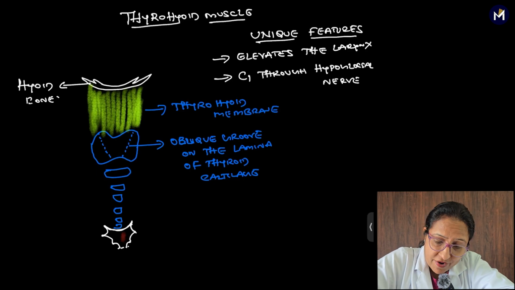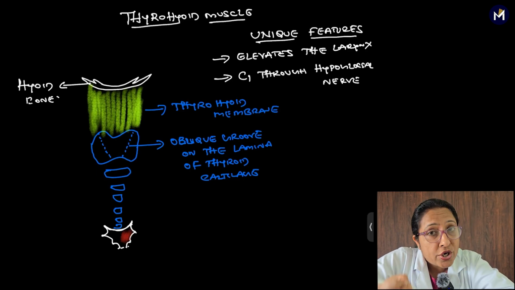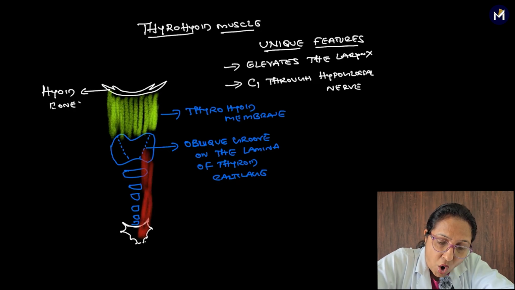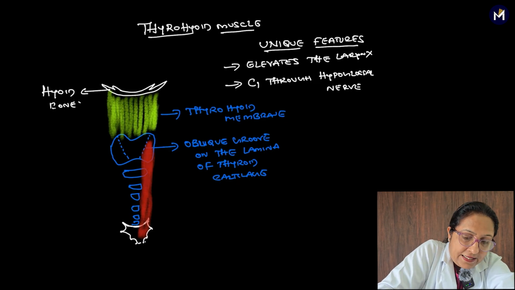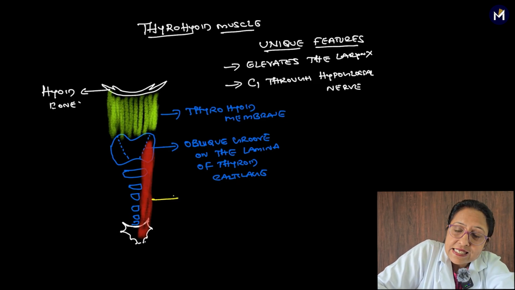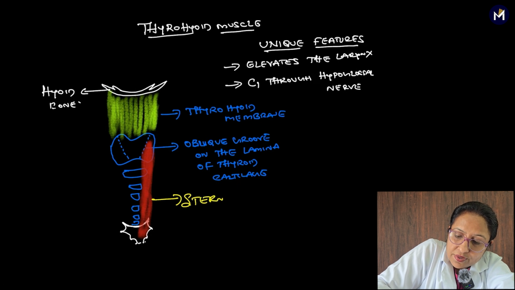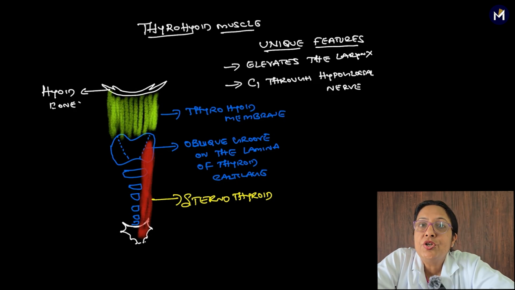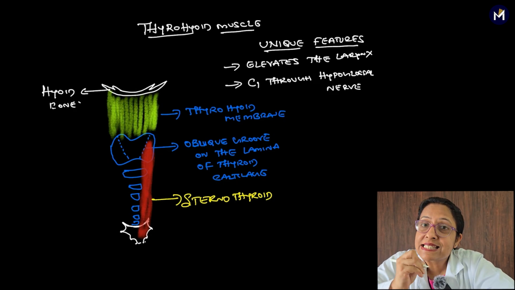So you're already aware, sternothyroid takes origin from the posterior surface of manubrium sterni and gets inserted to oblique line on the thyroid cartilage. So this muscle is sternothyroid. The extension from sternothyroid is thyrohyoid.